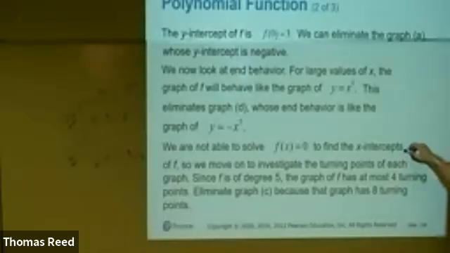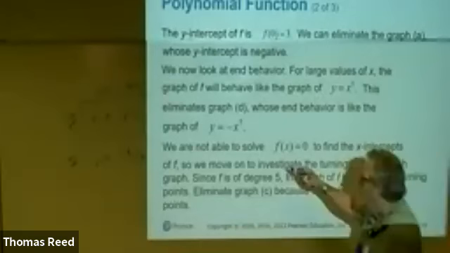Oh yeah, all right. So now they moved on to the end behaviors, to the number of turns. So it has at most 4 turning points. C had 8 turning points, so they eliminated that one.